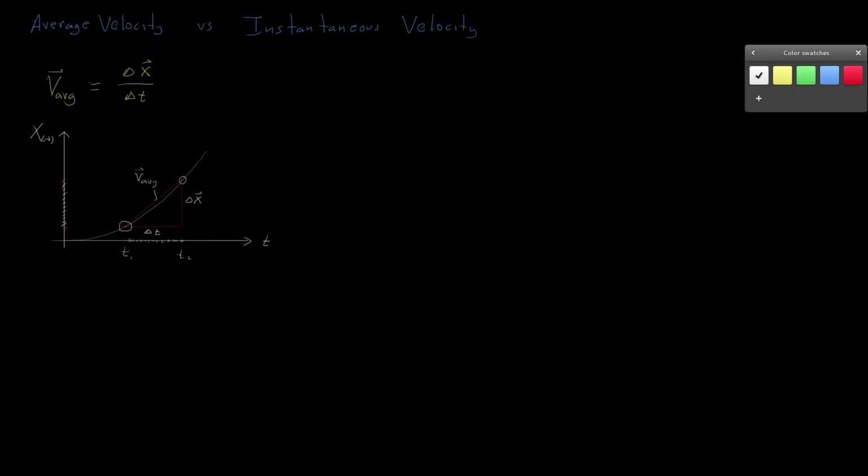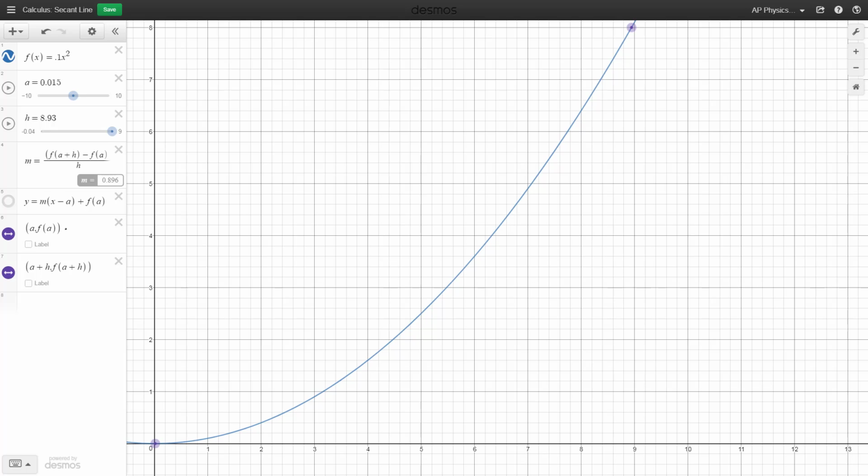Let me show you a different way of looking at this. This is Desmos. It's a web-based graphical calculator that works really well for visualizing this kind of situation. So I've graphed a parabola here, and the blue parabola represents the position function.